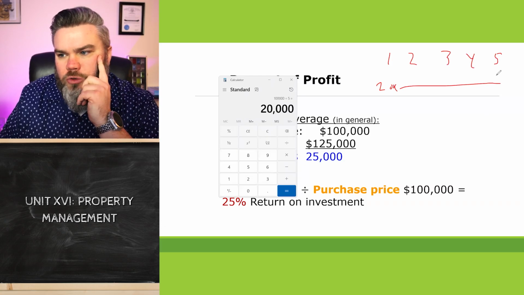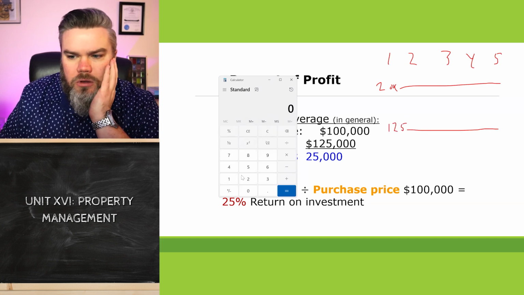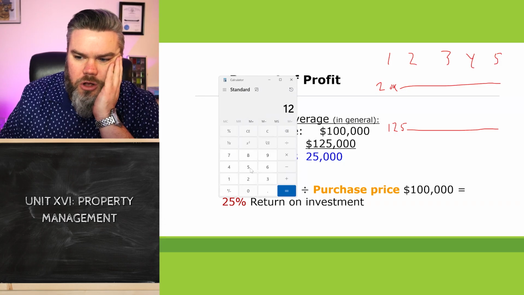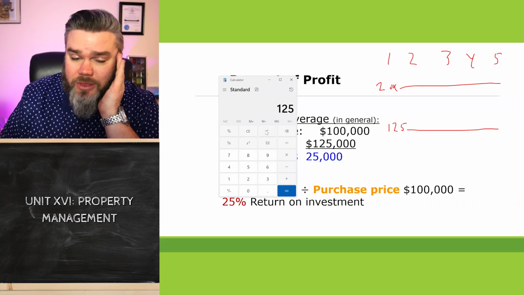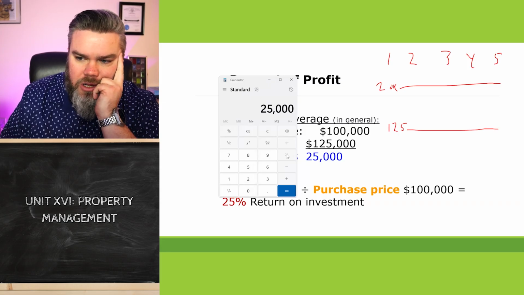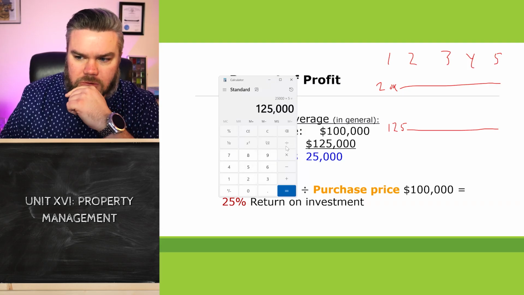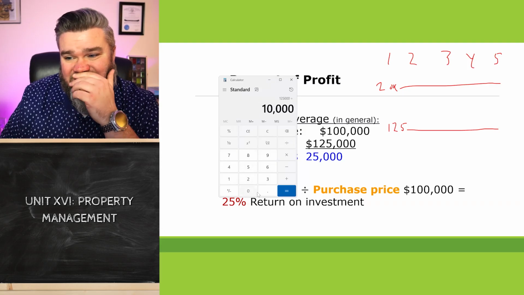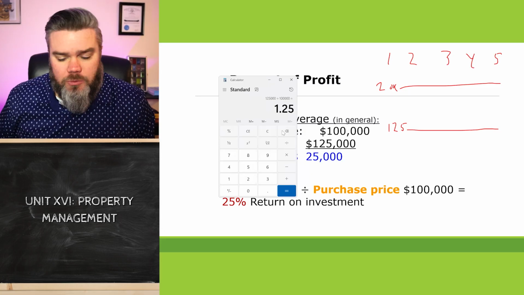And you eventually sold all of those homes for $125,000. Now, you've got your $125,000 after you sold all the things, all that was said and done, $25,000 in profit on each overall times 5, divided by your initial investment of $100,000. Now you get 125% return on your investment.